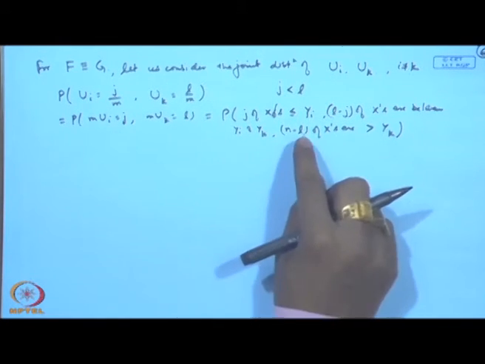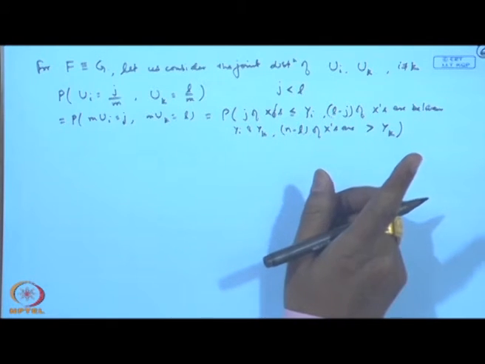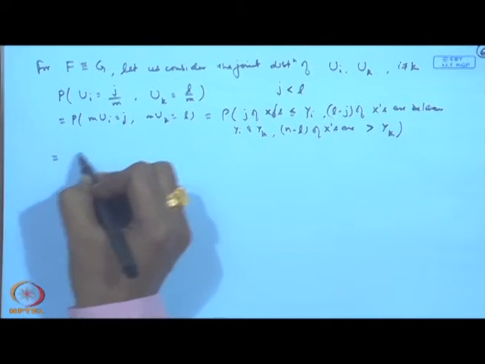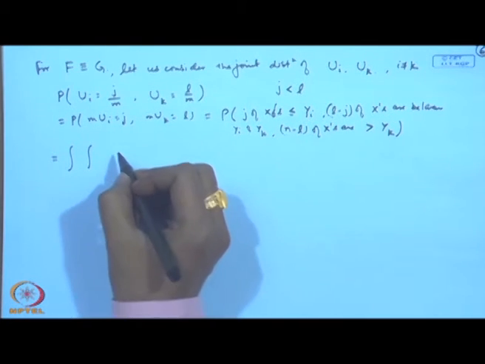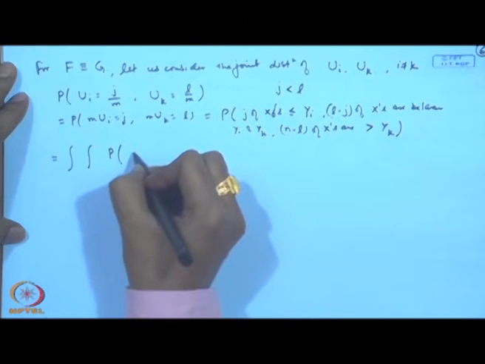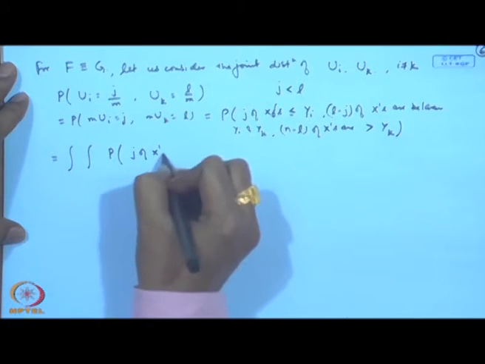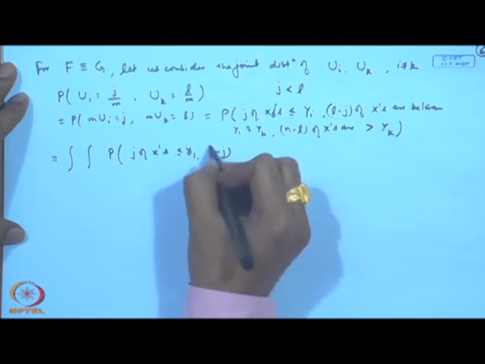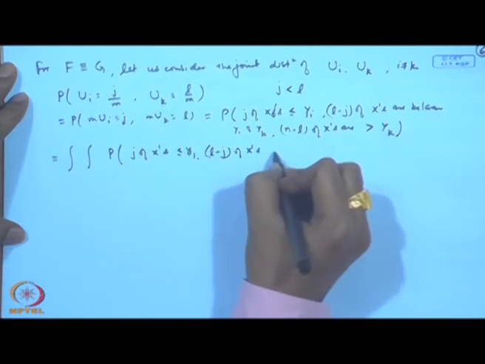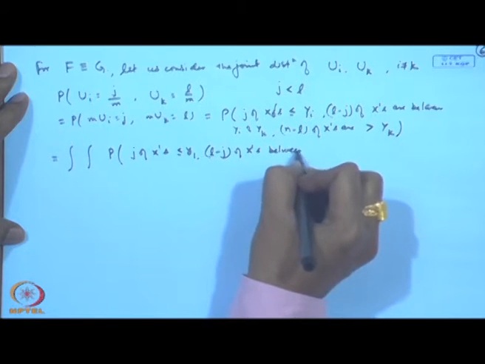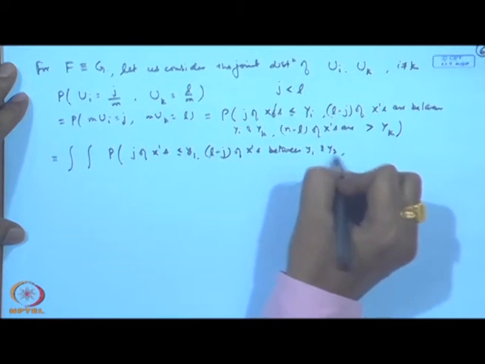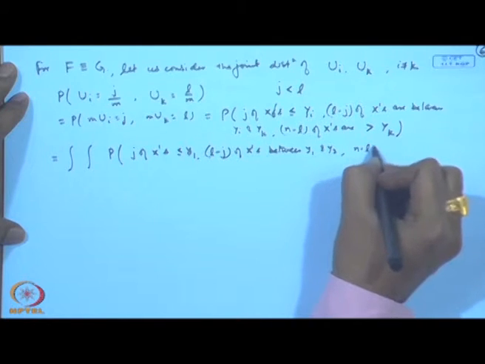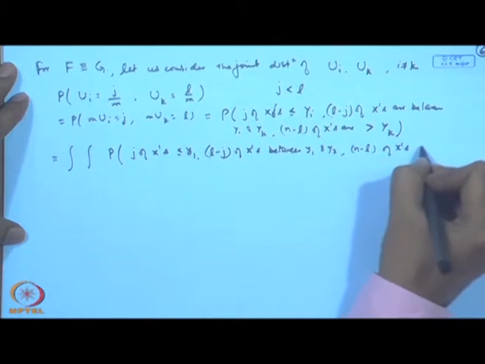So, this becomes basically a multinomial if we remember our f x there. So, we do the conditioning now. It has to be conditioning on y i and y k here. So, we write the probability of j of the x s less than or equal to y 1, L minus j of the x s between y 1 and y 2, and n minus L of the x s greater than y 2.